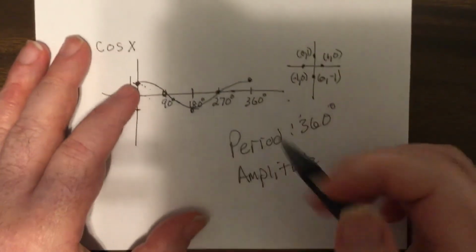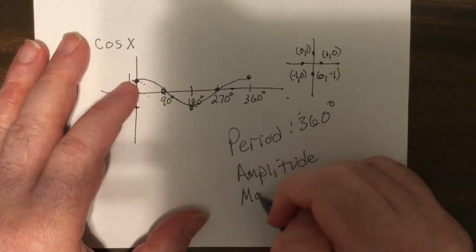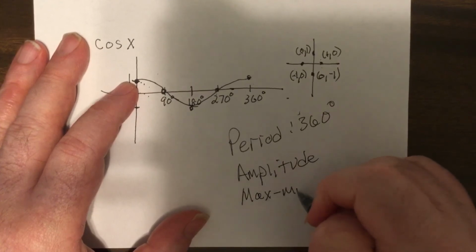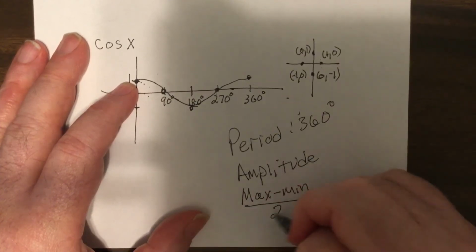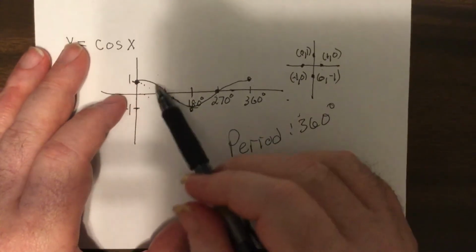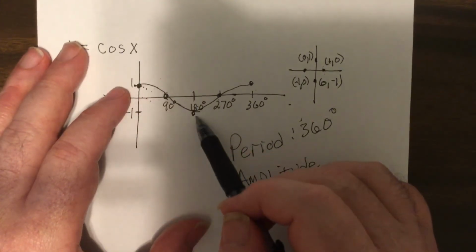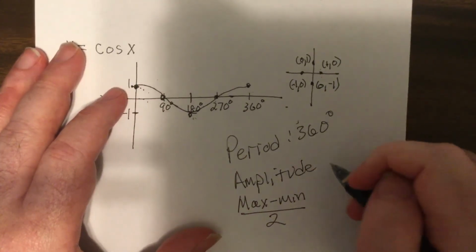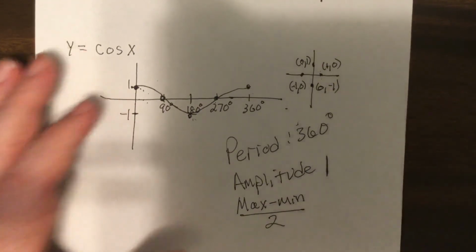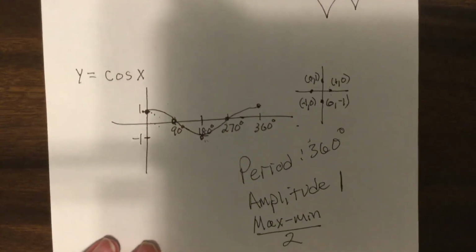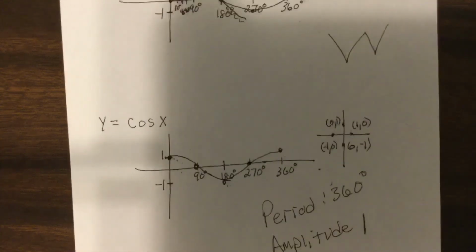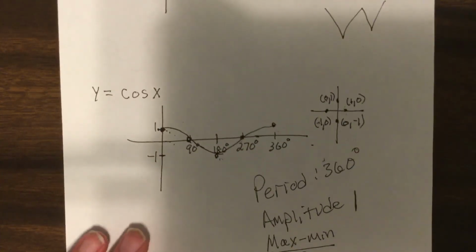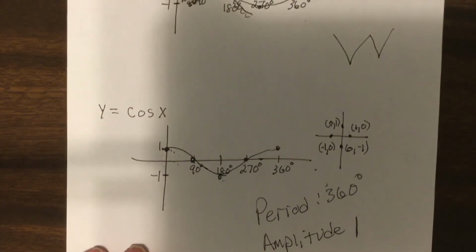So if you're looking at a graph, you use the formula max minus min divided by 2. In this case, 1 minus a negative 1 is 2, divided by 2 is 1. Then the next video is going to be, well, how do you change the amplitude? Woohoo! So let's do that.